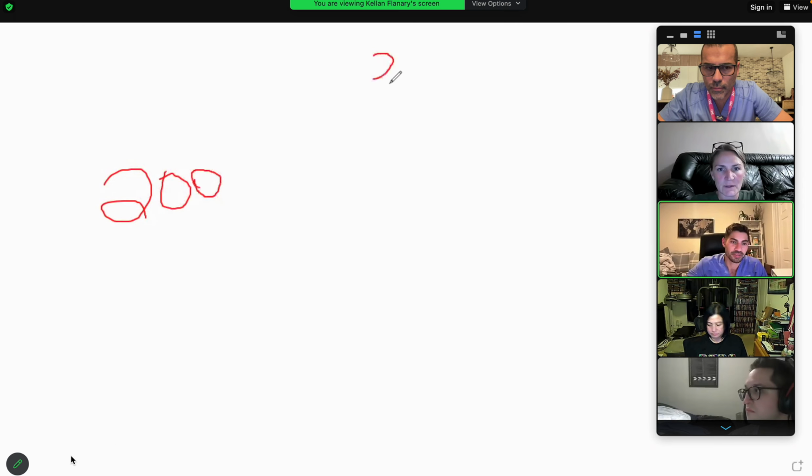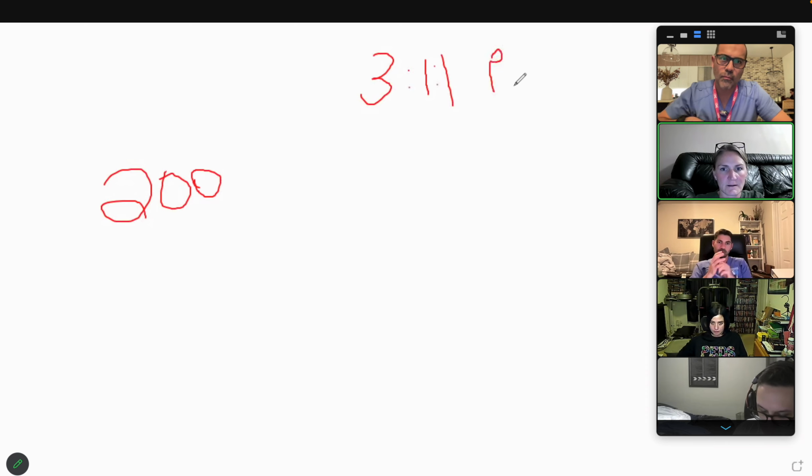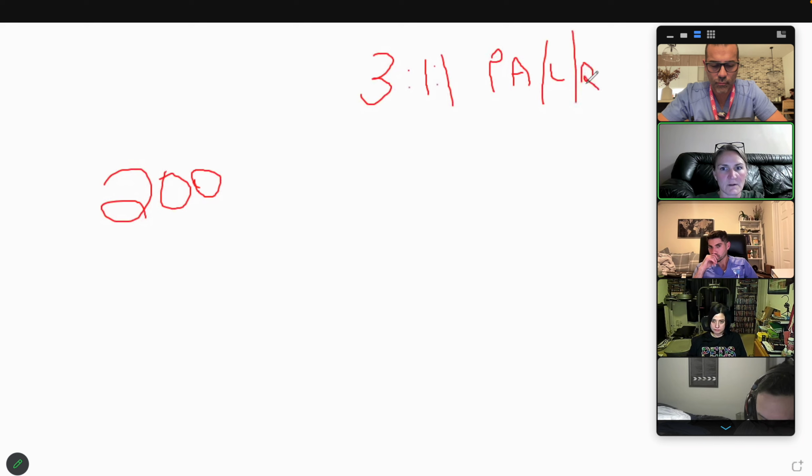So we were talking about the 3 fields and 200 MUs. We're weighted 3, 1, 1, and it's PA, left and right. I want to know what the right is getting, how many centigrade.